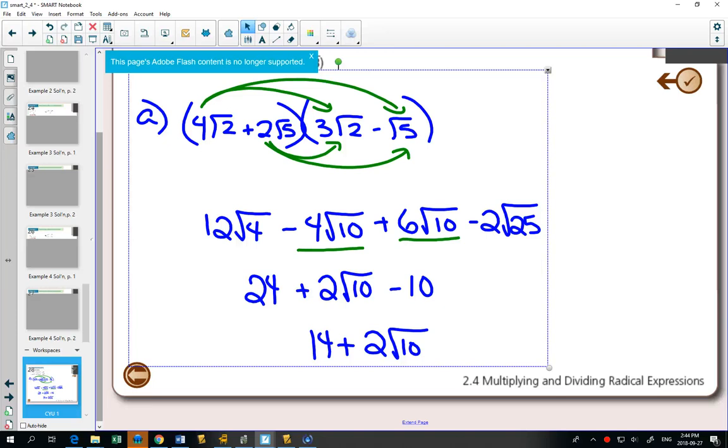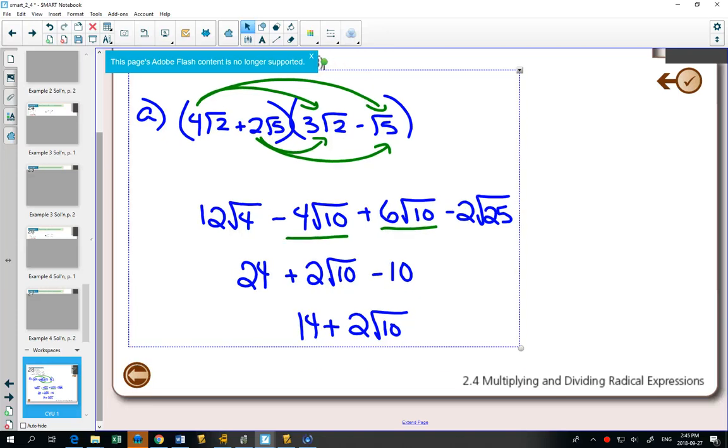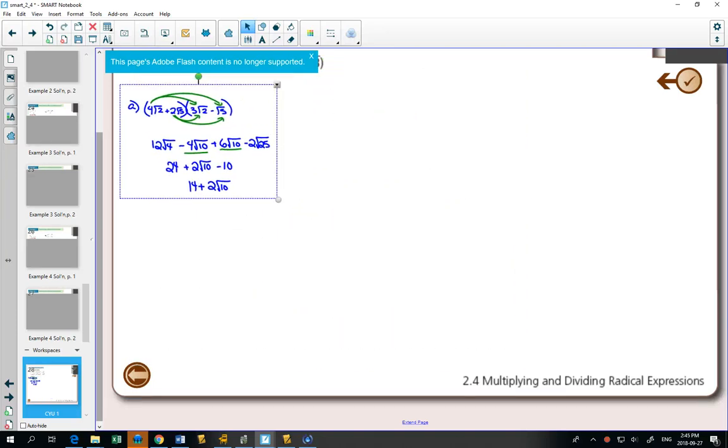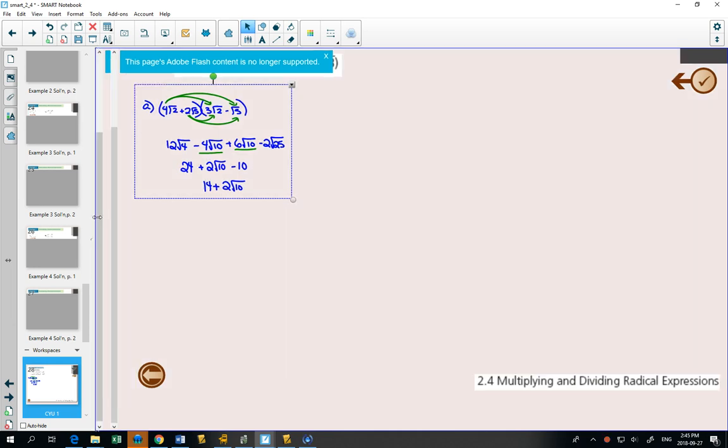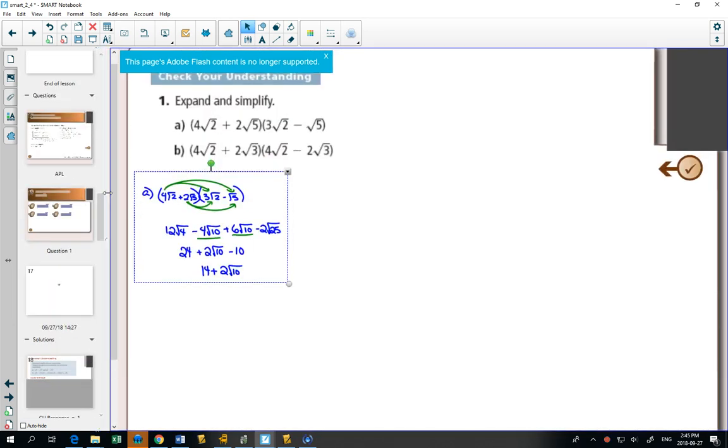Everybody good with A? So all right if I just make it a little bit smaller to make some space? Put it over here. And we'll go right beside and do B.